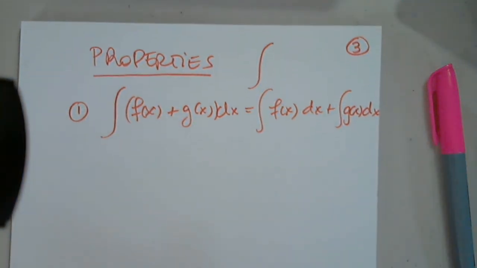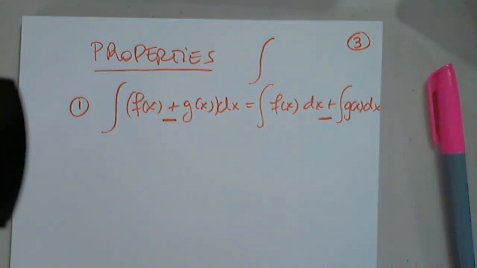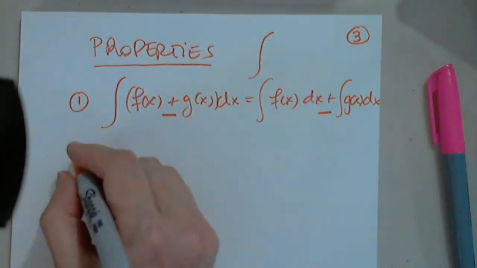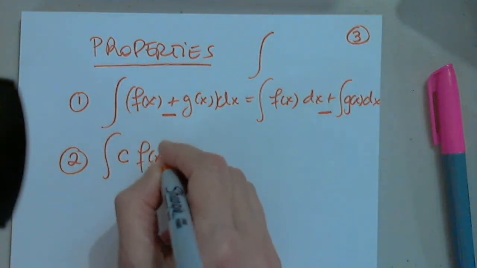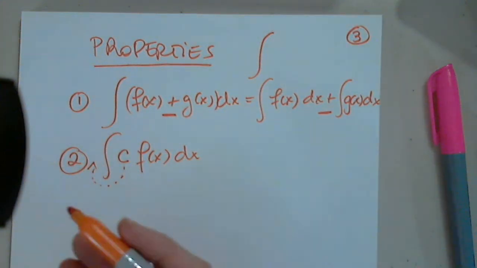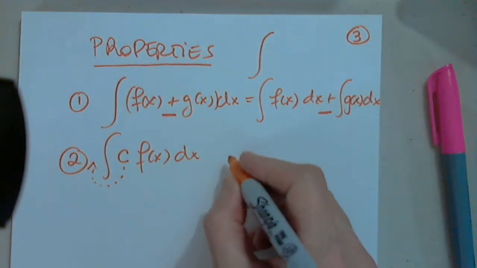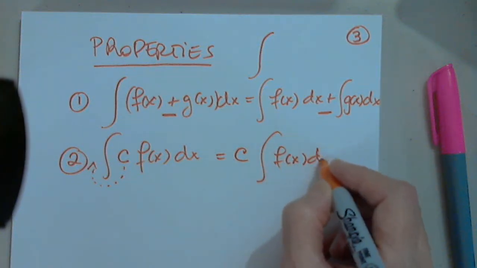That's one property. Of course, if I have minus here, I also have minus here. Another property will be the integral of a constant times a function dx, like with the limits, like with the derivative, with the integration, the same thing. This is c times the integral of f of x dx.